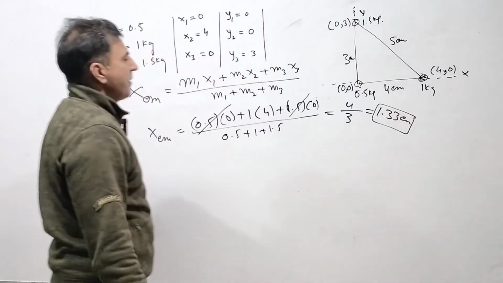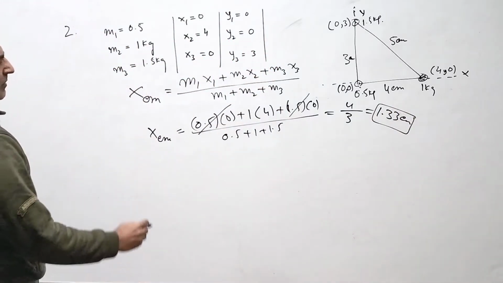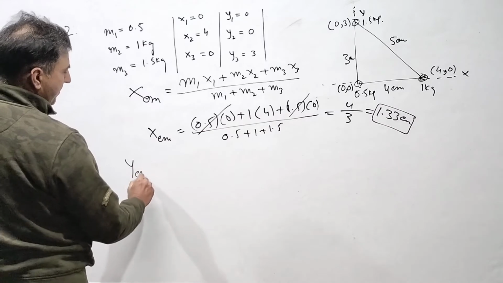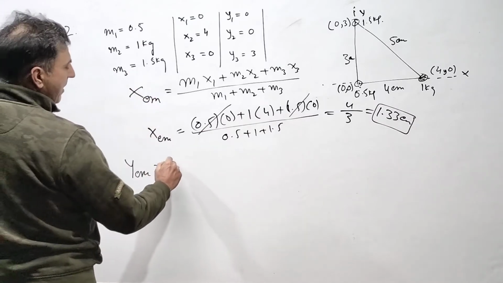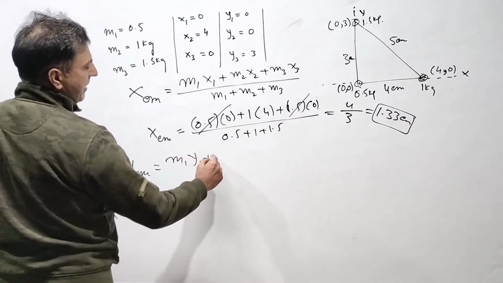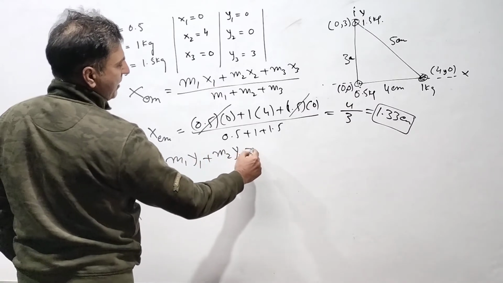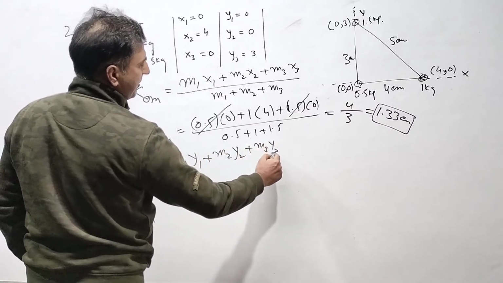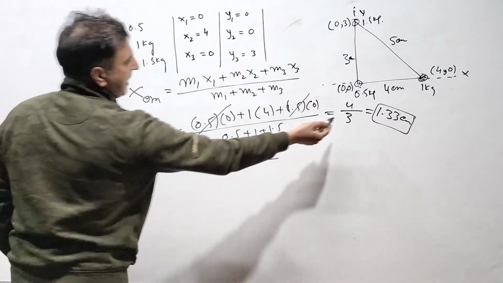That is the x coordinate. What about the y coordinate? ycm is m1y1 plus m2y2 plus m3y3 divided by the sum of the masses, again 3 kg.